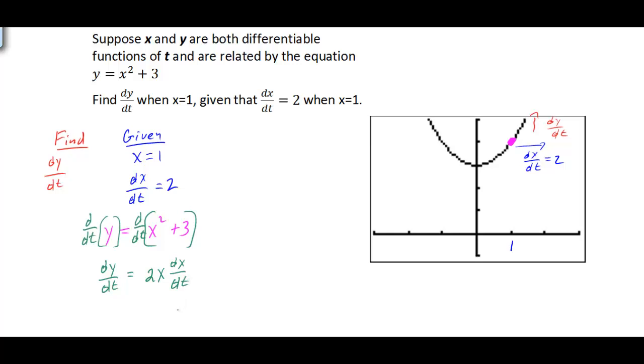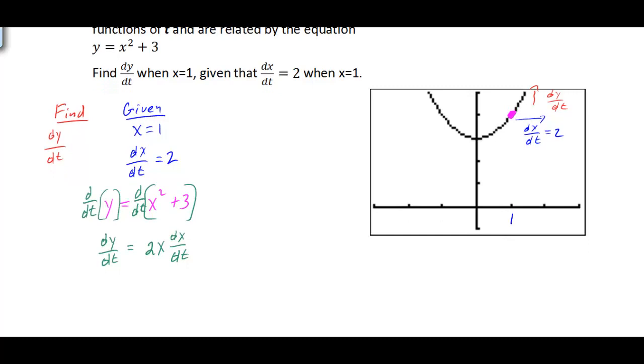Okay, so if you notice here, neither one of our variables matched up with the t, so we have to use that idea of the chain rule when we take the derivative of the y and the x.